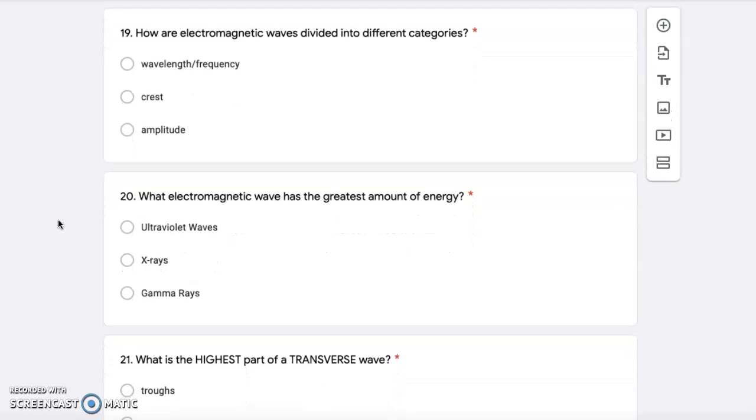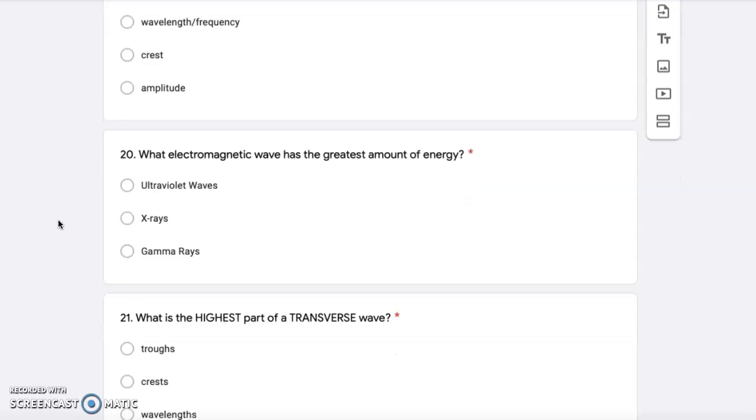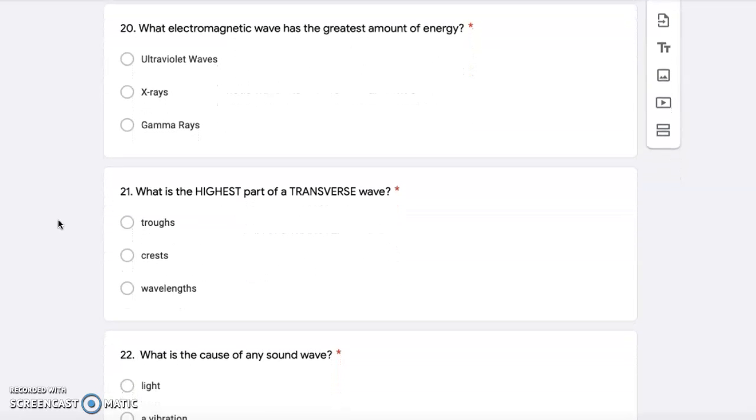Number 19. How are electromagnetic waves divided into different categories? Wavelength and frequency, crest, or amplitude? Number 20. What electromagnetic wave has the greatest amount of energy?